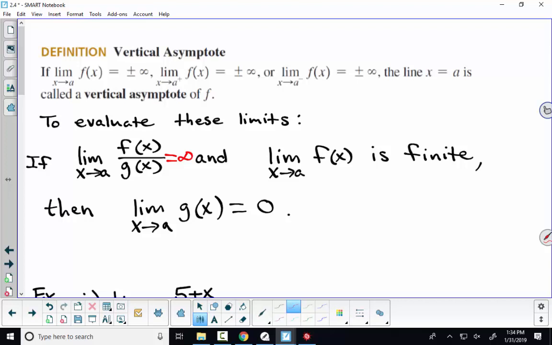If the numerator approaches some finite number and the denominator approaches 0, then the quotient will approach infinity or negative infinity, depending on the values. Is that clear? We have seen many examples where the denominator is approaching 0, but we were able to evaluate it as a finite number, because all of those were holes, not asymptotes.